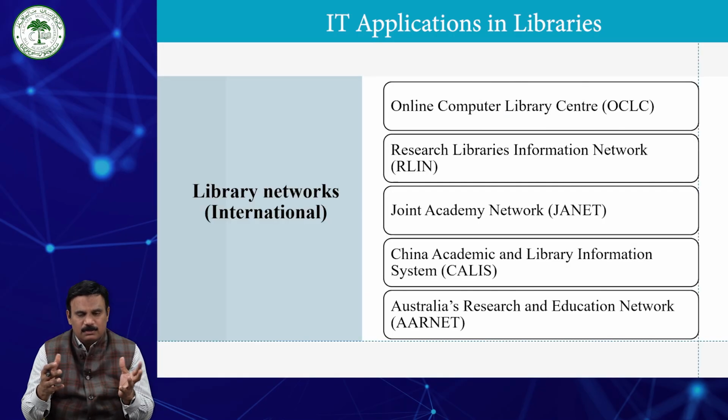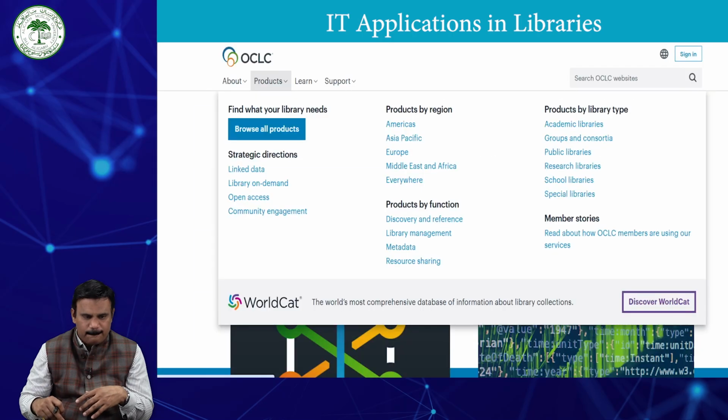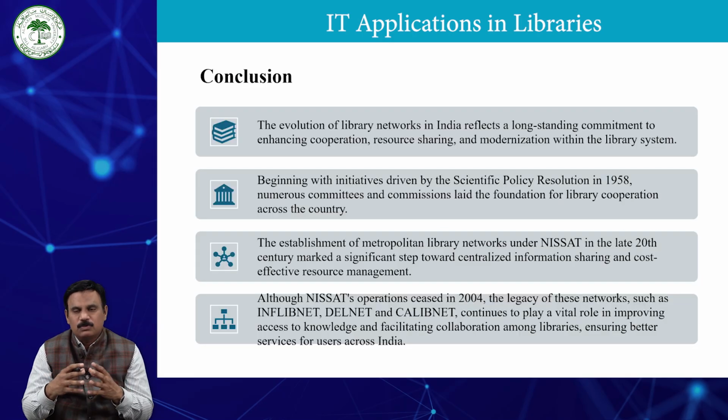Learners, let us conclude with the remark that the evolution of library networks in India reflects a long-standing commitment to enhancing cooperation, resource sharing, and modernization within the library system.